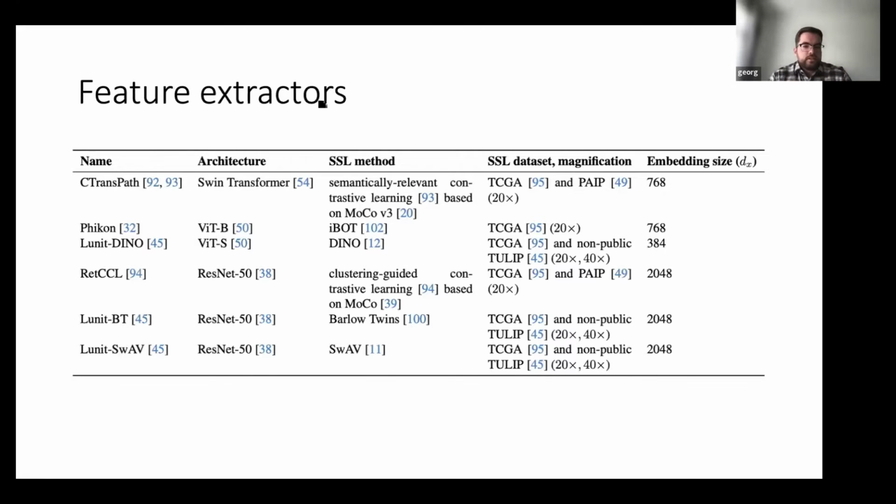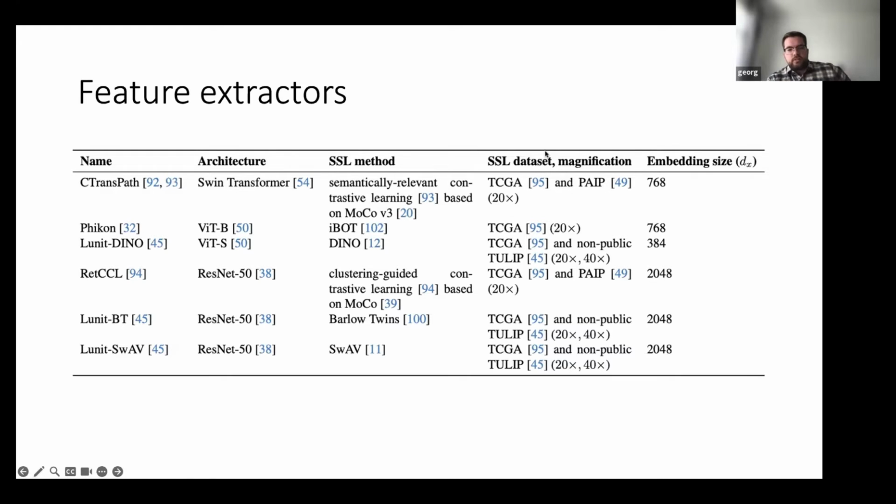To go into more detail, these are the feature extractors that we compared. We compared CTransPath, Phikon, which is from Owkin, and then there are three models from Lunit. They performed a benchmarking study where they compared different self-supervised learning methods for pre-training these feature extractors: DINO, BT, and SwAV. And then we also compared RetCCL.